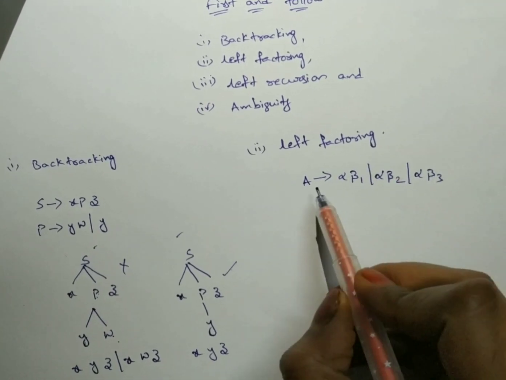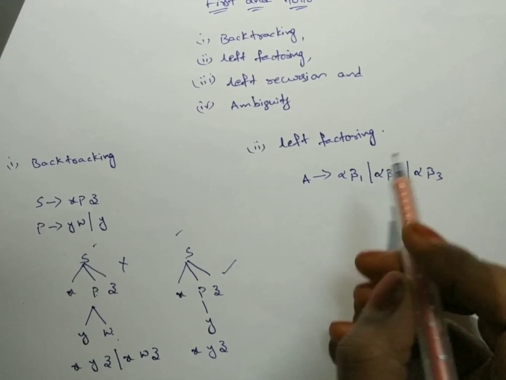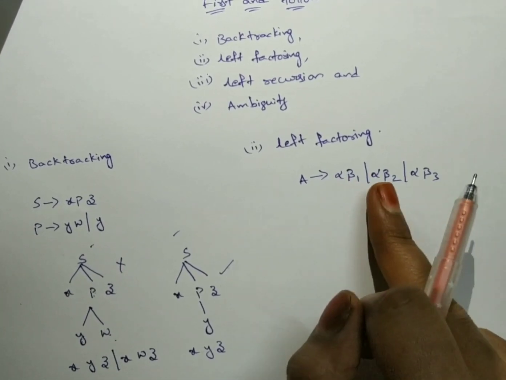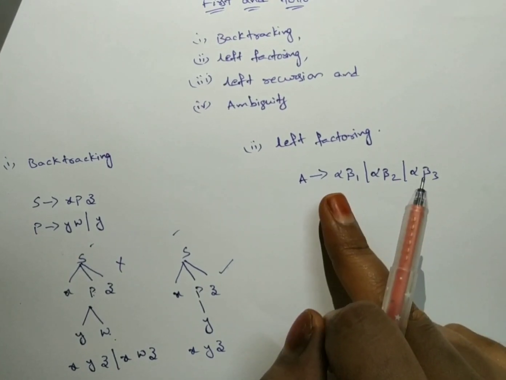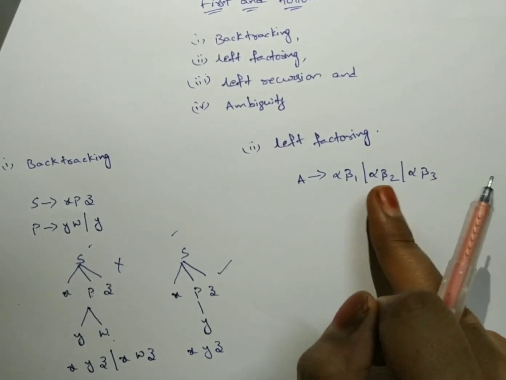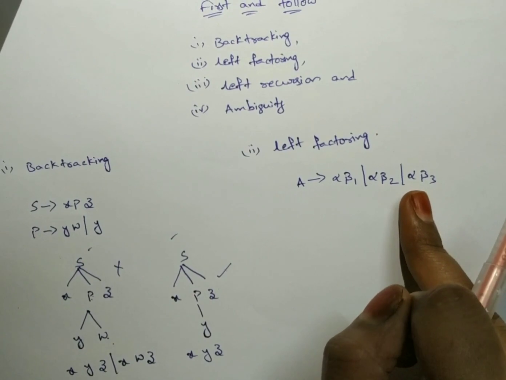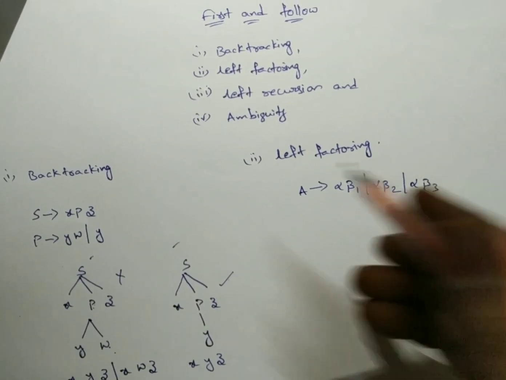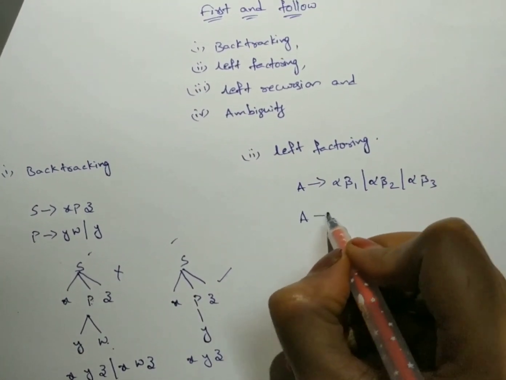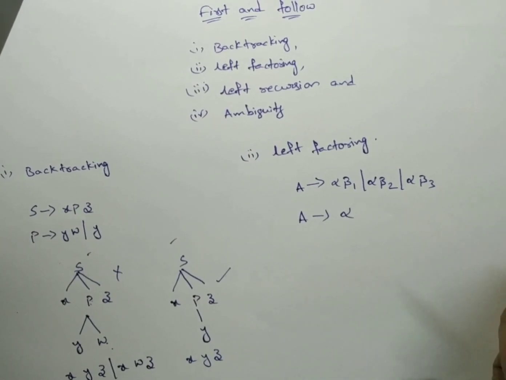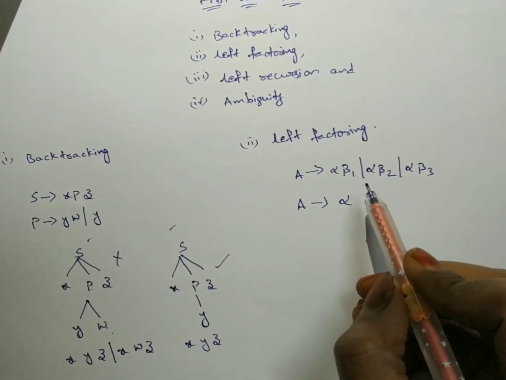Here we have a common factor called alpha in each derivation. Here we have alpha, here also alpha, here also alpha. I am taking alpha as common in each case, as it is present in every condition.